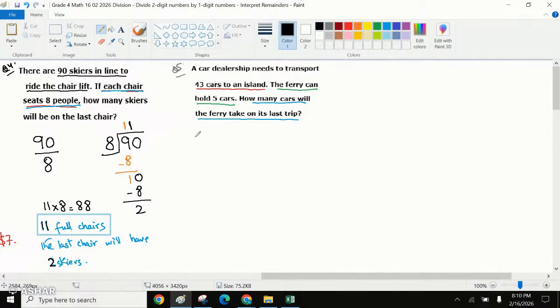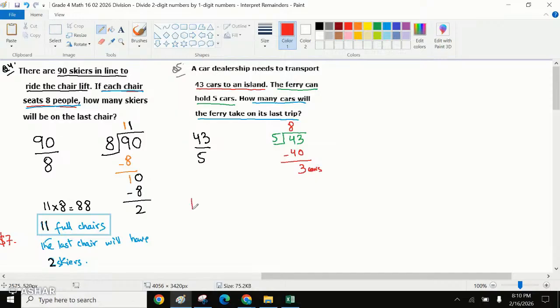If there are 43 cars, they have to be transported in groups of 5 because the ferry can hold 5 only. So what we do is 43 is to be divided by 5. We know that 5 times 8 is 40, and we are left with 3 cars over here, right?